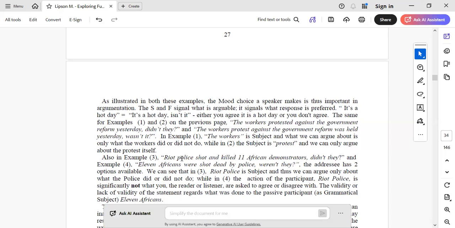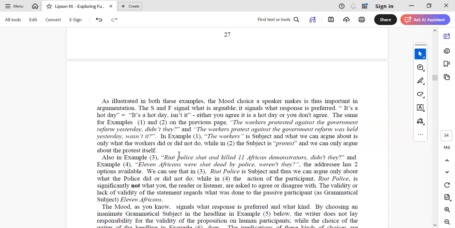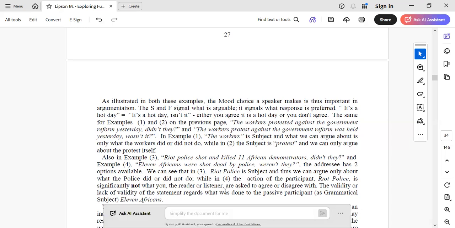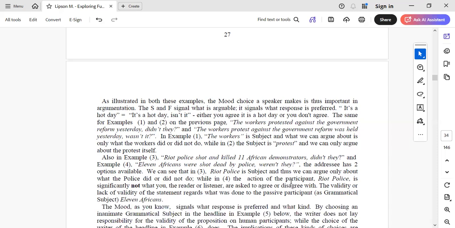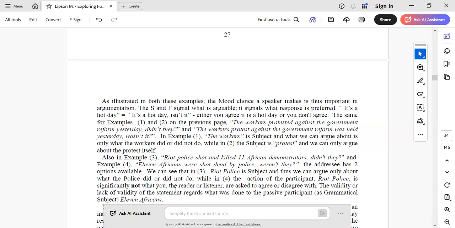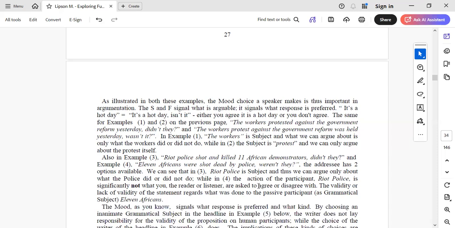Riot police. Now here clearly the riot police is setting the argument. But what about this one? 11 Africans were shot dead by police. Now here we can say that the action of the participants, riot police, is significantly not what you, the reader or listener, are asked to agree or disagree with.